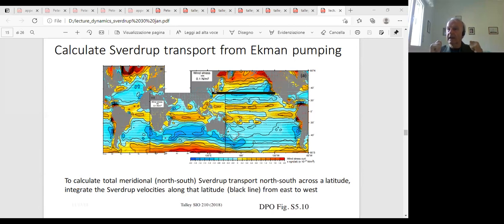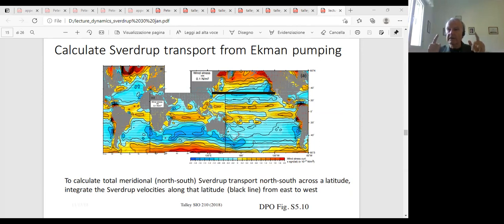And we have seen while analyzing the Ekman solution that it is valid for very long time scales, on the order of months. Therefore, if we do this integration of total meridional transport from here to there, the longer the period of integration, the closer we are to the Sverdrup transport, or the closer we are to the 0 Ekman transport from here to there.